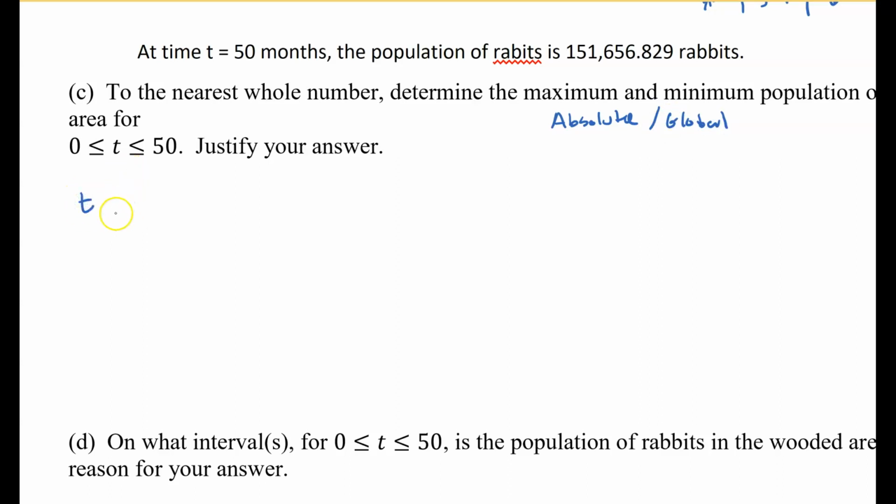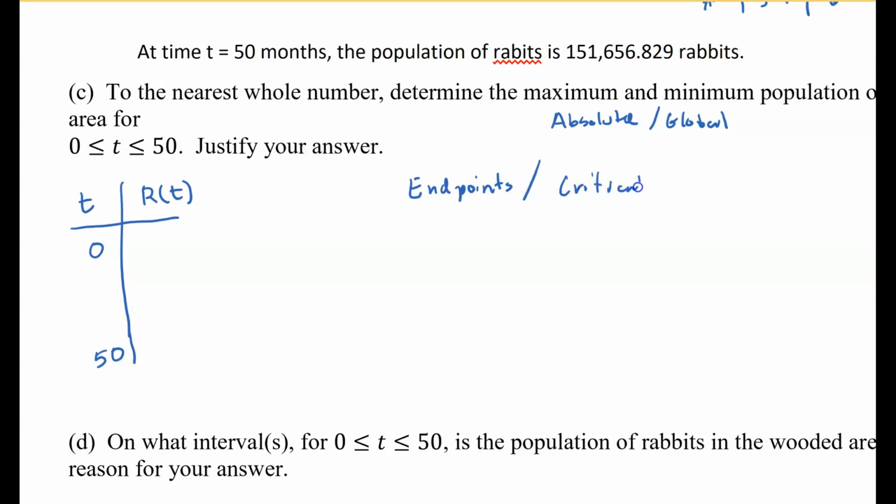I need t equals, and then I need r of t over here. Okay, so t equals 0 and 50. Right away, those are going on my table because they're the endpoints. So you want endpoints and critical numbers.